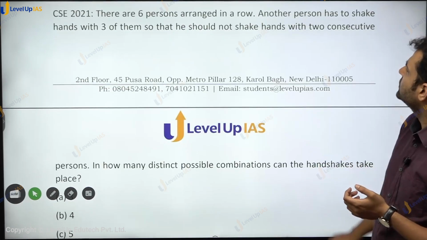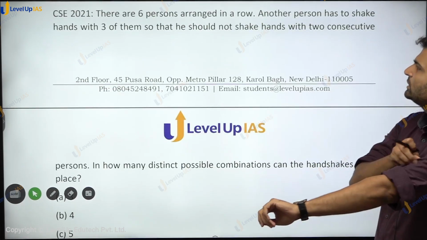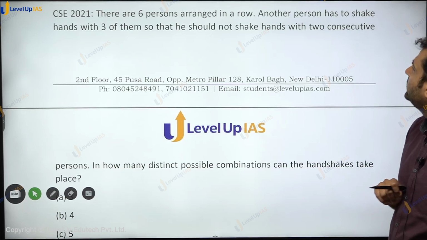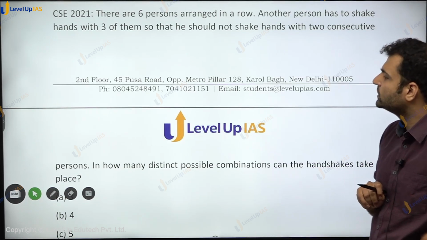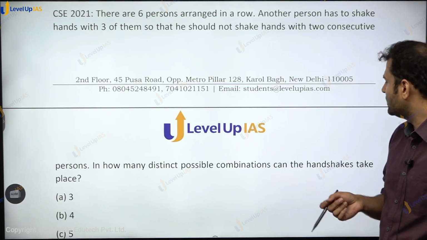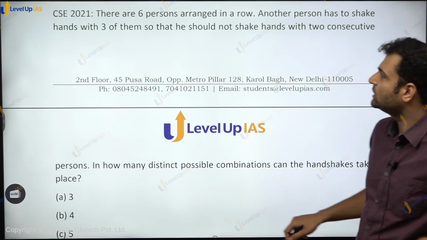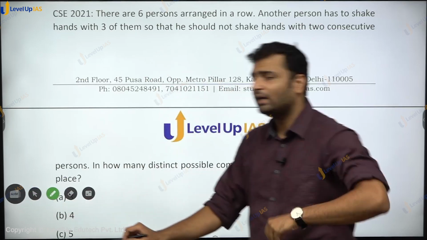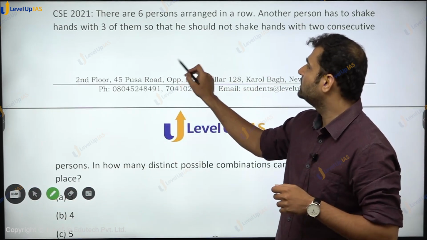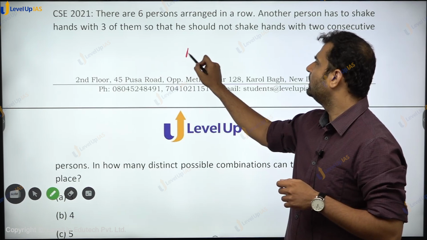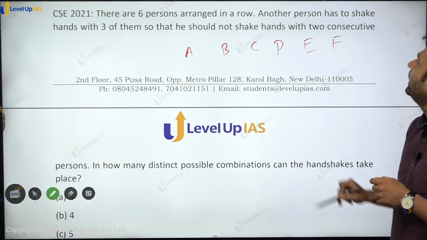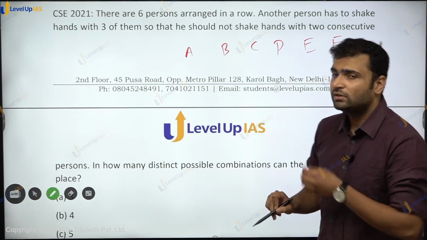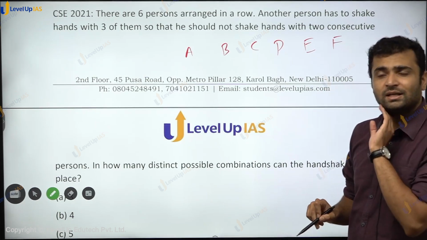Next, there are 6 persons in a row. Another person has to shake hands with 3 of them, so that he should not shake hands with 2 consecutive persons. In how many distinct possible combinations can the handshake take place? So there are 6 persons arranged in a row. Let us call them A, B, C, D, E, F, and the person has to shake hands with 3 of them, such that no 2 consecutive people get a handshake.